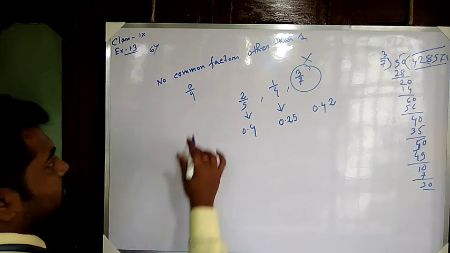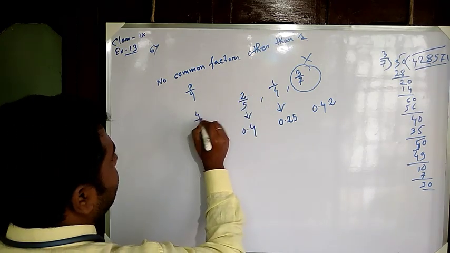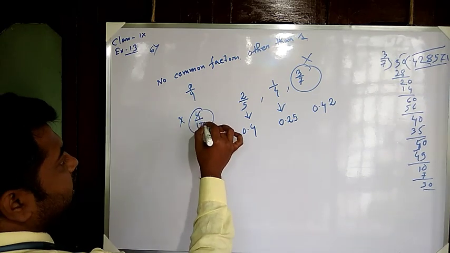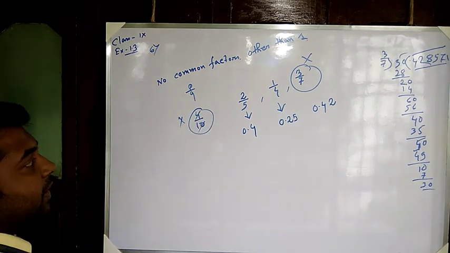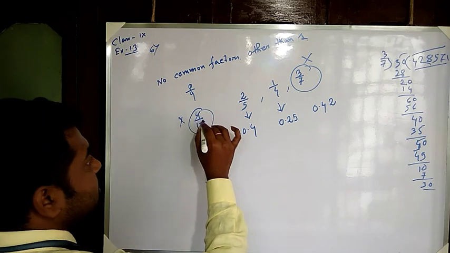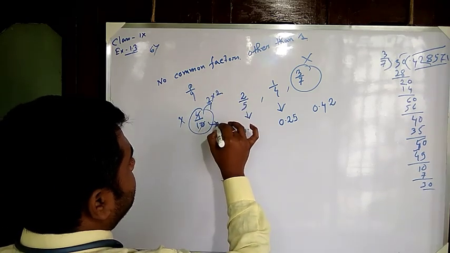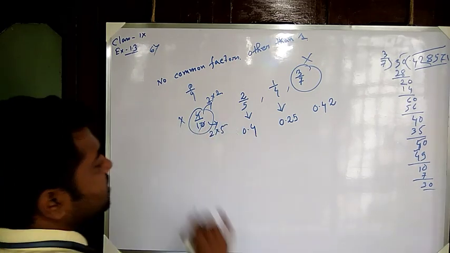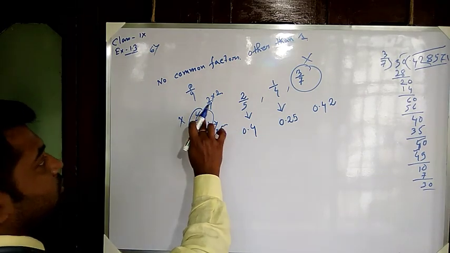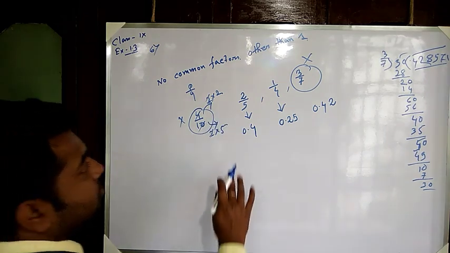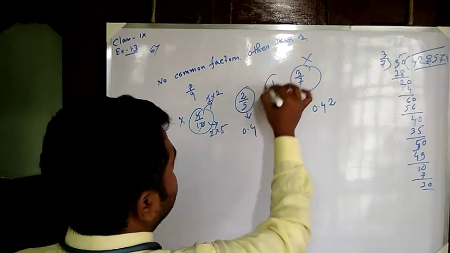Suppose in place of 2 by 5 you take 4 by 10. You can't take this number also, because 4 and 10 are divisible by 2. 2 is a factor of 10 and 2 is also a factor of 4. So you can't take this one. You have to take the simplest form only.